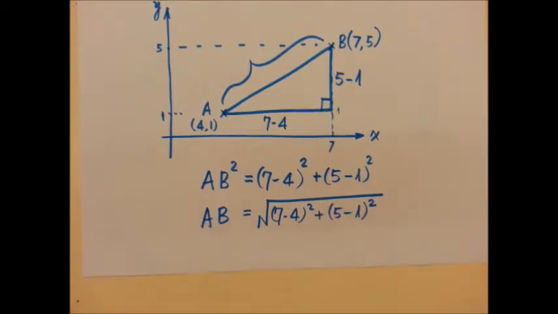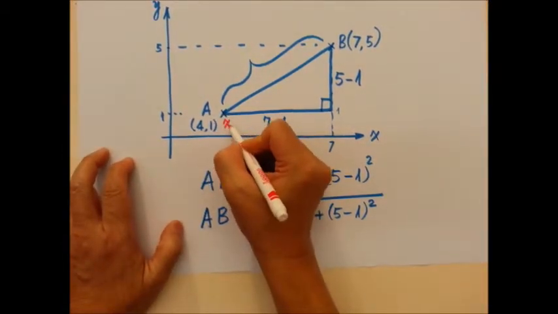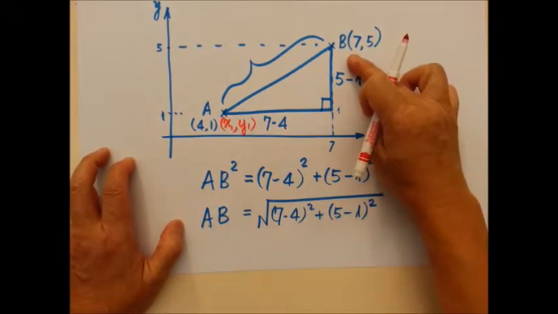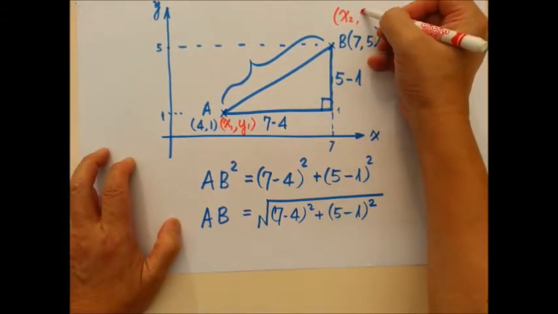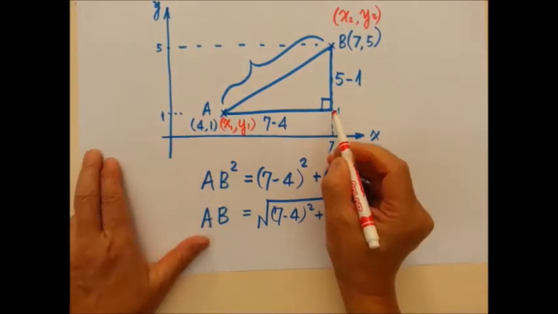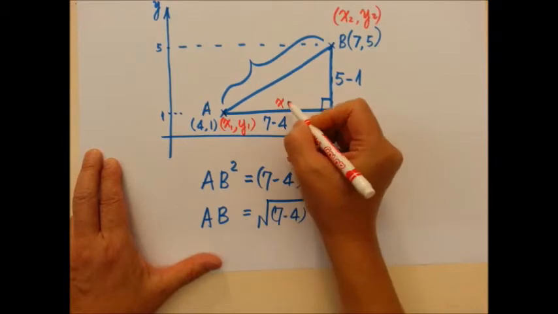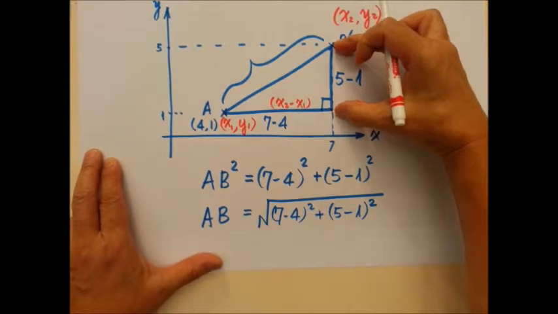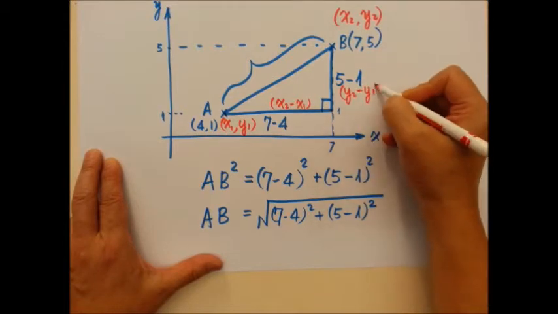Can we go to the general case? Say the position of point A is x1, y1, and the position of B, that means the coordinates are x2, y2. x2 minus x1 becomes the distance between this point and this point, x2 minus x1. How about this vertical distance here? It is y2 minus y1.